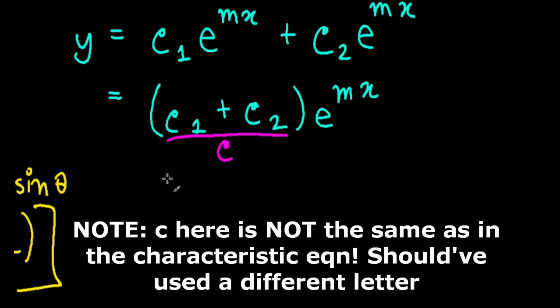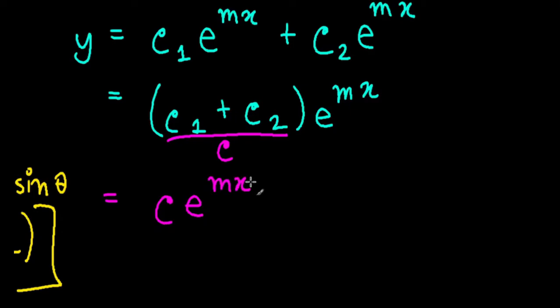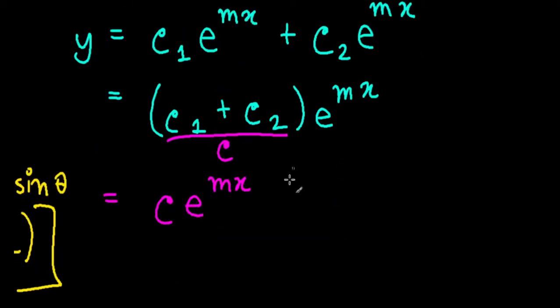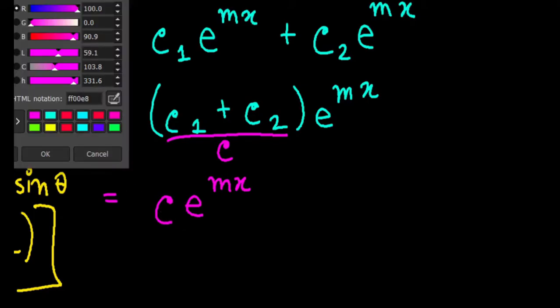We'll call that c. So this should be equal to c e to the power mx. At first glance, it looks like we found our general solution. It's much simpler than the other one, kind of like an added bonus. Nothing seems to be wrong. It seems to be going better than expected.